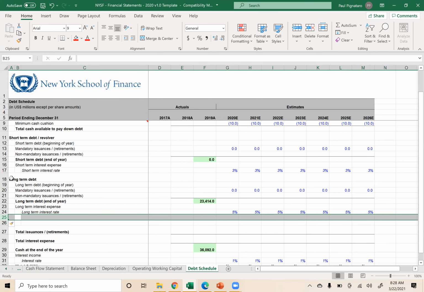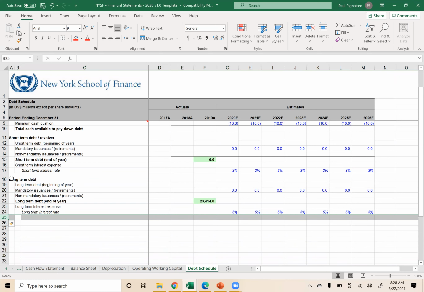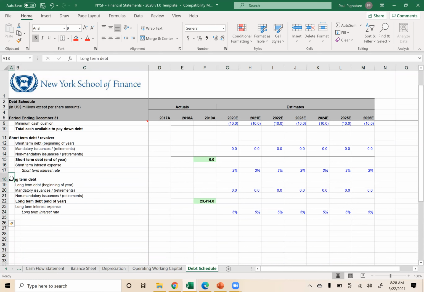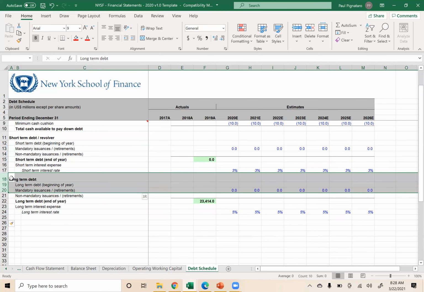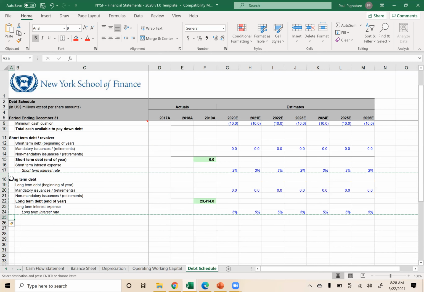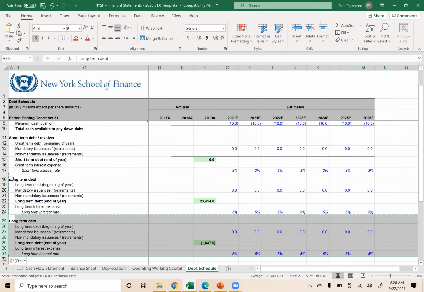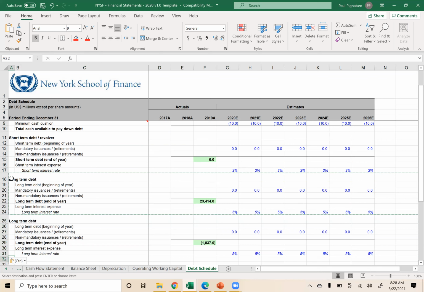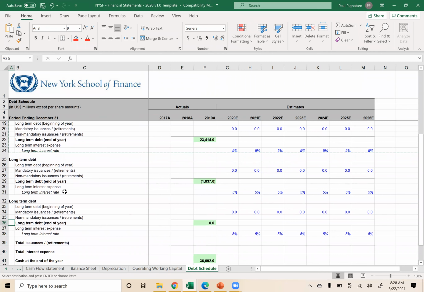I'm going to take this whole section, holding down Shift, tap down all the way to the bottom here, Control C. Then I'm going to arrow down to row 25 here, Control V, and I'll change the wording here. And then I'm going to go down to line 32, and once again, Control V. So I have my 4 sections here, okay?